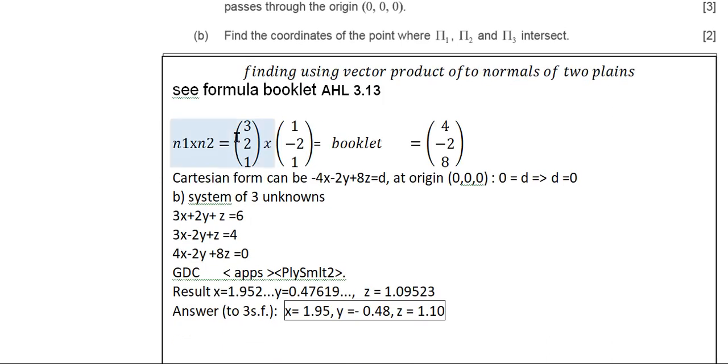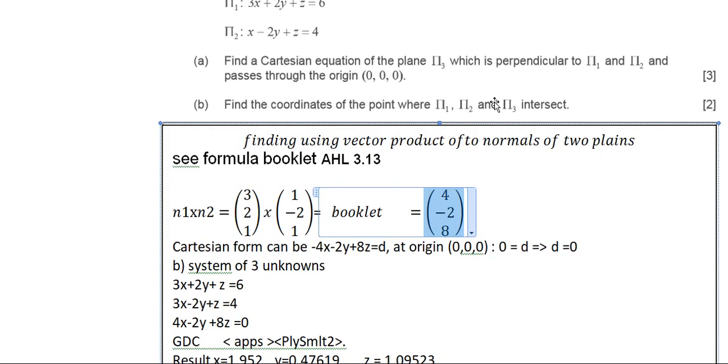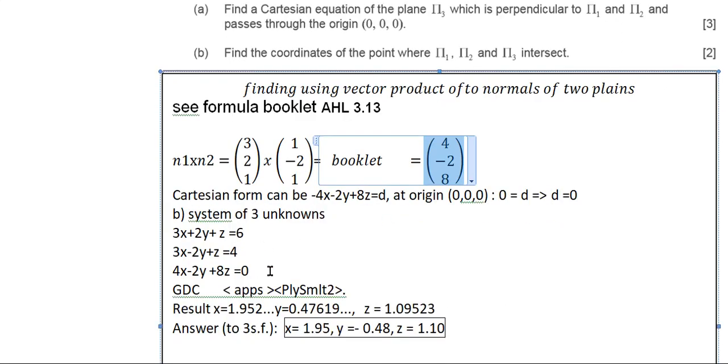And if we make the vector product, we will get a vector perpendicular to these planes. Because this perpendicular is in P3, it goes through the origin, point 0, 0, 0.